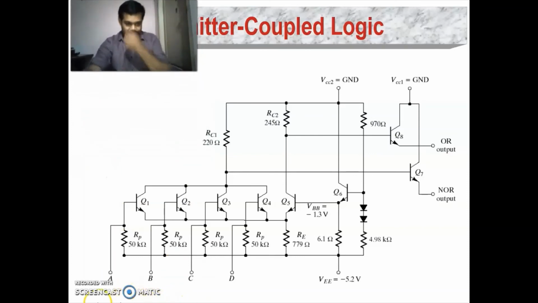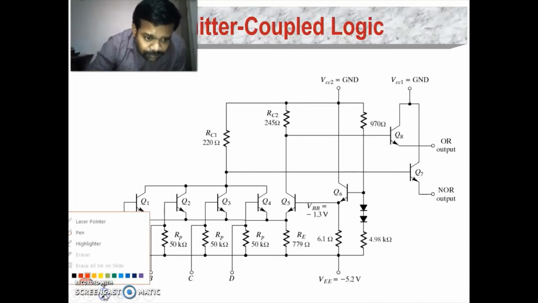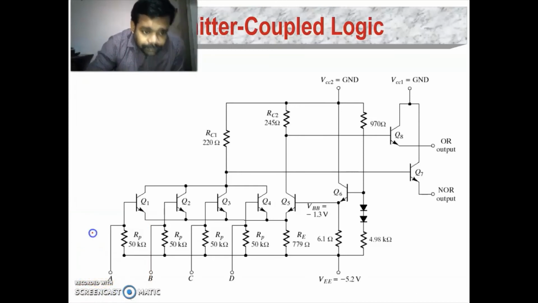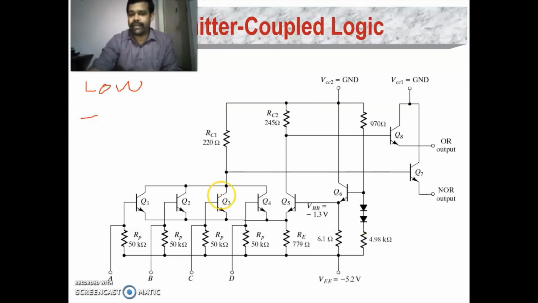Now please listen. For this emitter coupled logic, the input you are giving for low is minus 1.8 volt, and for high is minus 0.8 volt.